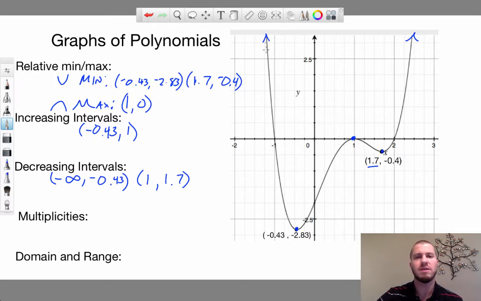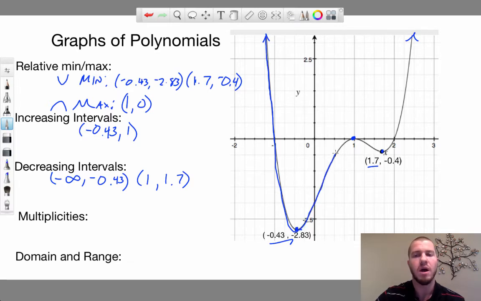And so if you're having trouble sticking with me here, understand I'm trying to, if I trace the graph from left to right, it's going down, which is a decreasing interval from negative infinity all the way to where x is negative 0.43. And then the graph turns and goes up.